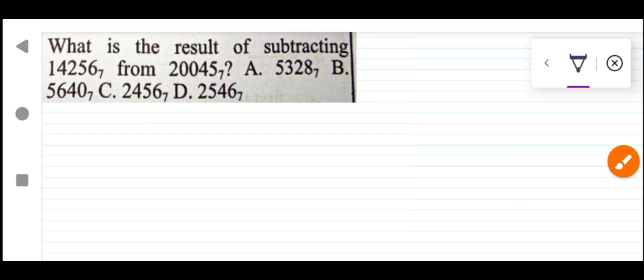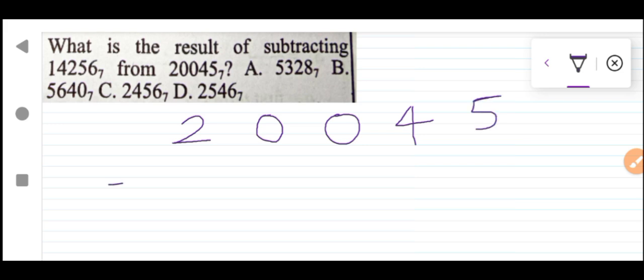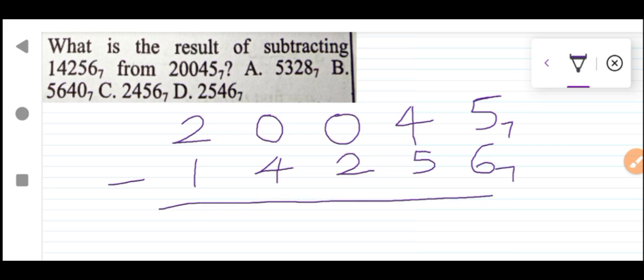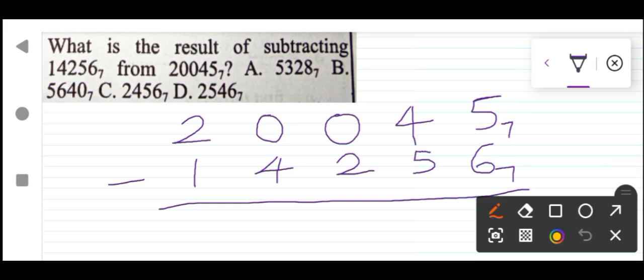Then we write that here. 20045 minus, starting from the back, 5, 2, 4, 1. And both values are in base 7. The same principle applies. Both values must be in the same base for subtraction to occur. And the second thing is we want to do the subtraction.